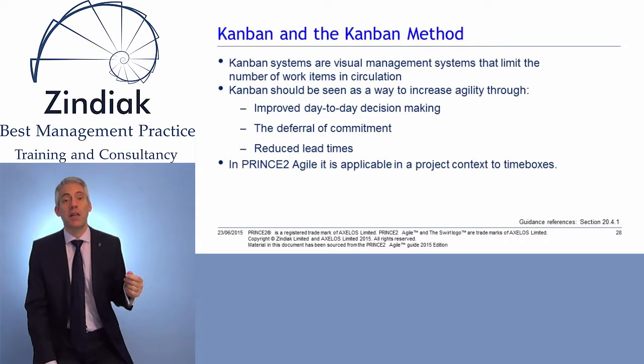It's important to recognise that they support the Agile idea and the Scrum theory of transparency. Kanban is focused on improving day-to-day decision making, enabling the deferral of commitment, and reducing lead times. And as I said, within PRINCE2, it is applicable in the project context to time boxes.